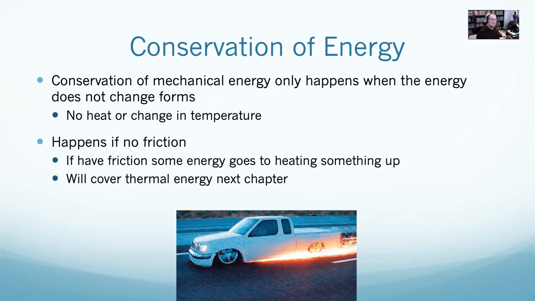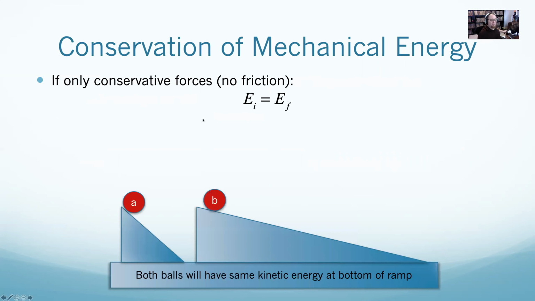Anytime you have no friction, the total mechanical energy, which is the kinetic energy plus potential energy, will be the same before and after in the system. If you have no friction, initial total energy equals final total energy, where E is energy, which means kinetic energy initial plus potential energy initial equals kinetic energy final plus potential energy final.